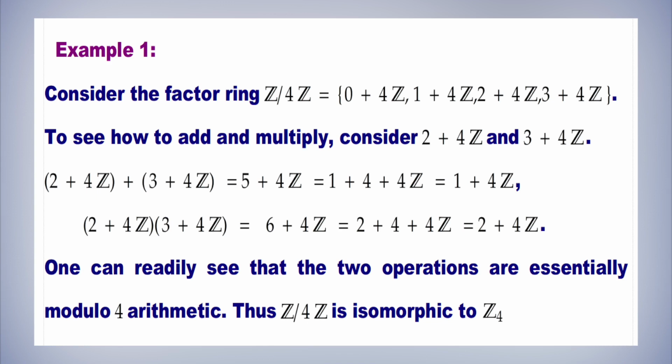(2 + 4Z)(3 + 4Z) = 6 + 4Z, that is equal to 2 + 4 + 4Z, that is equal to 2 + 4Z. One can readily see that the two operations are essentially modulo 4 arithmetic. Thus, Z/4Z is isomorphic to Z4.